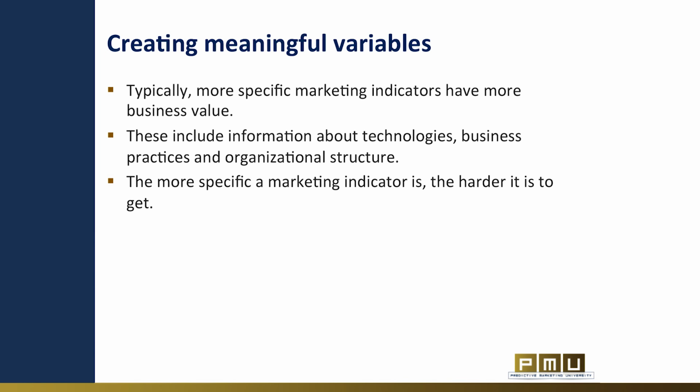Typically, more specific marketing indicators have more business value and tend to be better predictors of fit. This includes information about technology, business practices, hiring, and organizational structure. On the other hand, the more specific a marketing indicator is, the harder it is to develop.